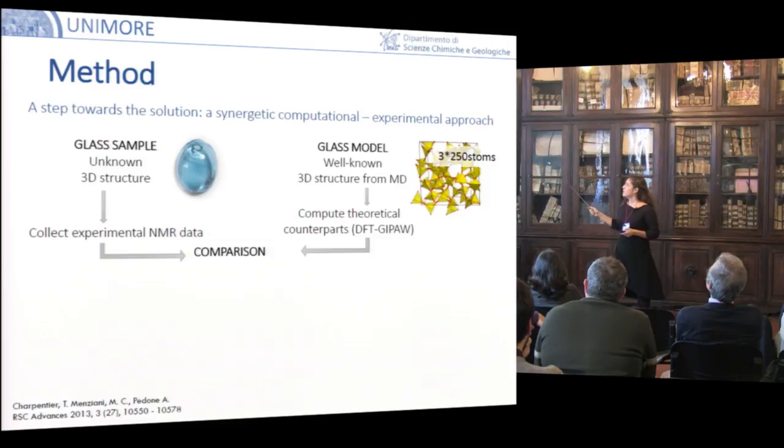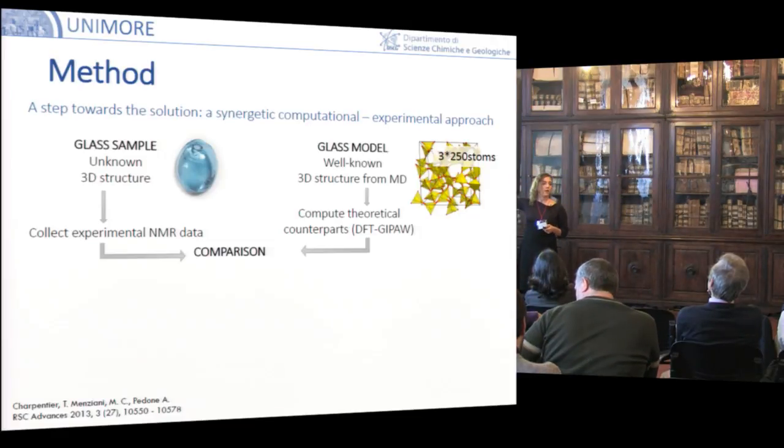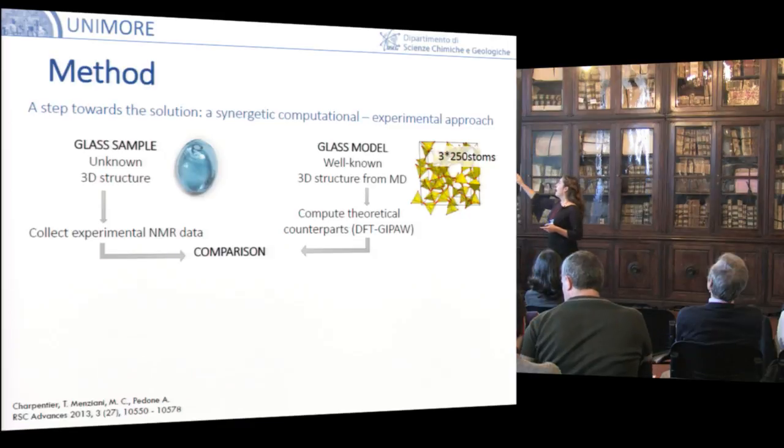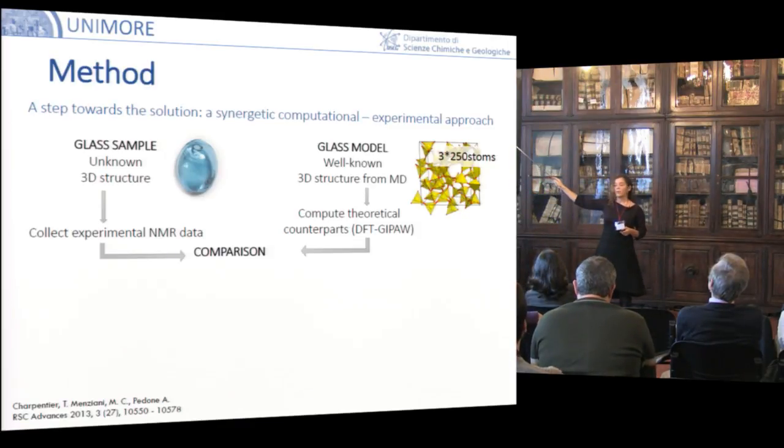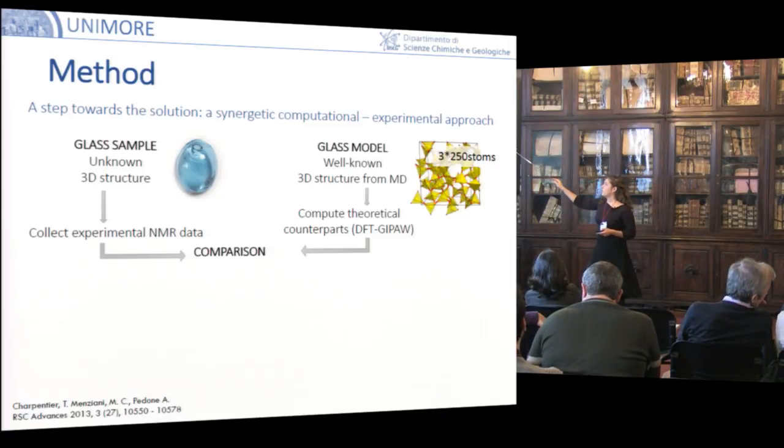Okay. Our method, as I told you before, is a synergetic coupling of experiment and theory. Actually, for each sample, we collect NMR spectra, and for the same composition of the sample, we generate glass structural models, which, of course, have a well-known 3D structure.